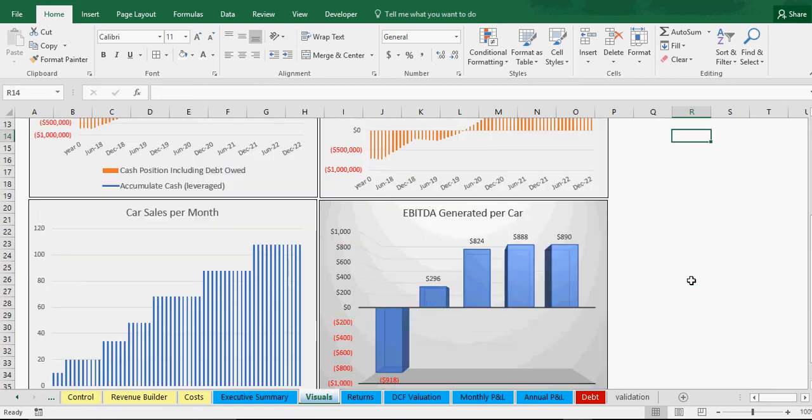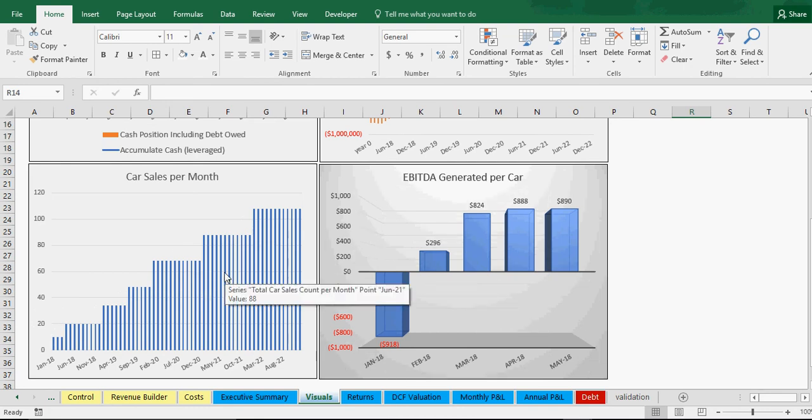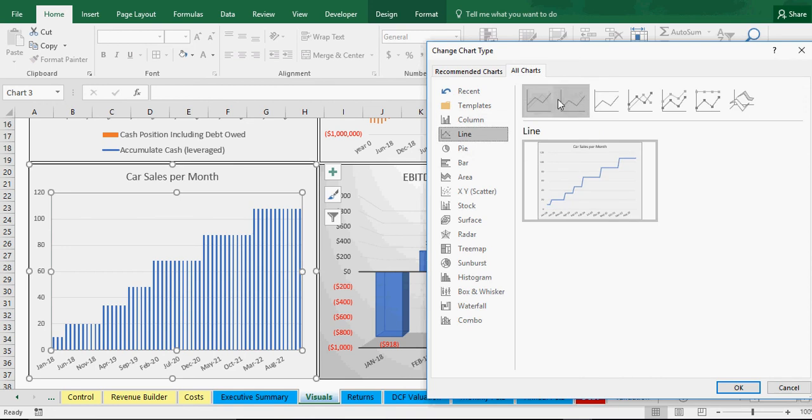Then we've got two other charts here. I did car sales per month, so you can just easily display what your volume is per month of these cars. Pretty simple chart there. Actually, I wonder if I want to change this to a line or an area.